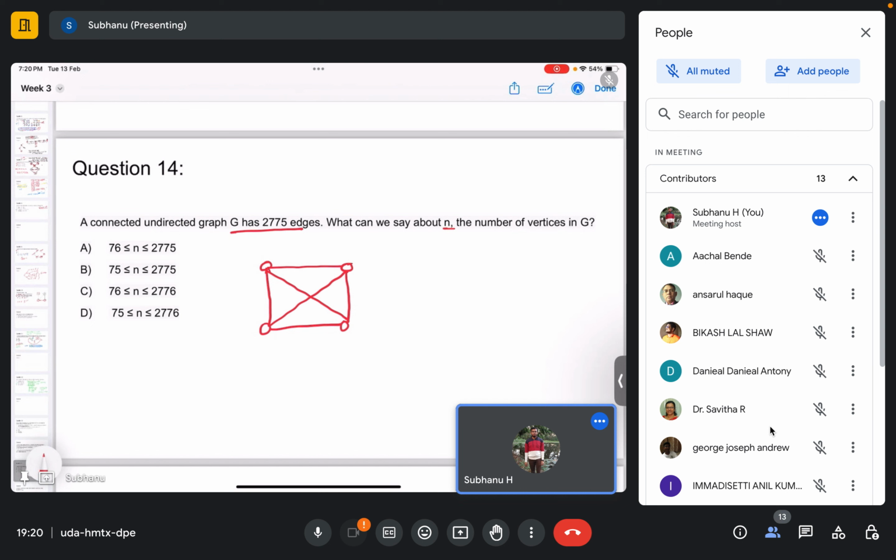If the number of nodes is 4, how many edges are there? The number of edges is 1 2 3 4 5 6. And if the number of nodes is 3, how many edges are there? 3 edges. Okay, like this, if v is equal to 5, how many edges will be there?